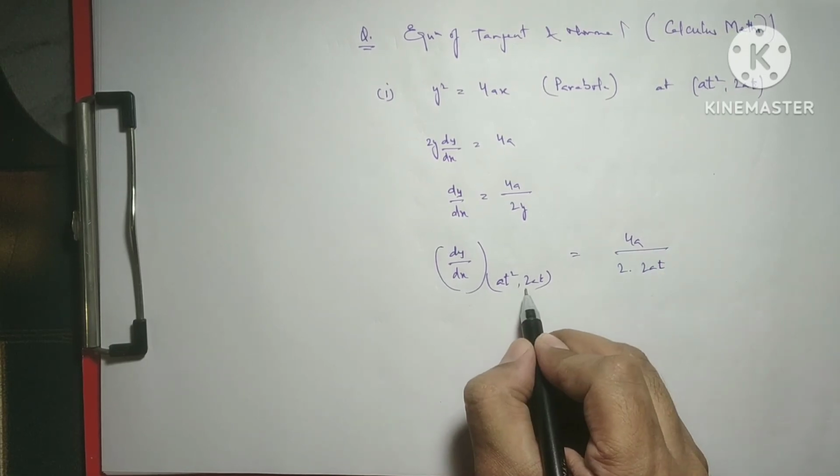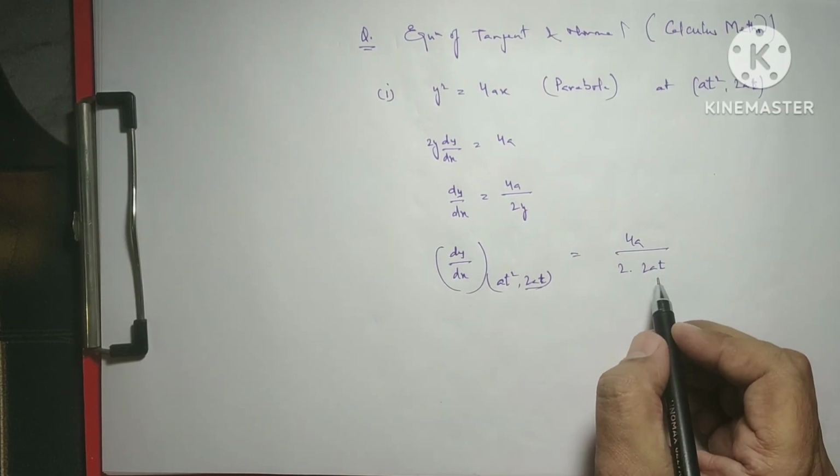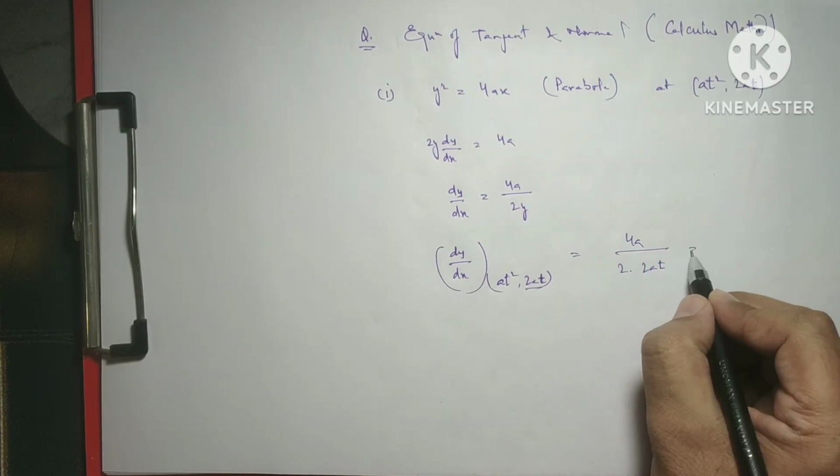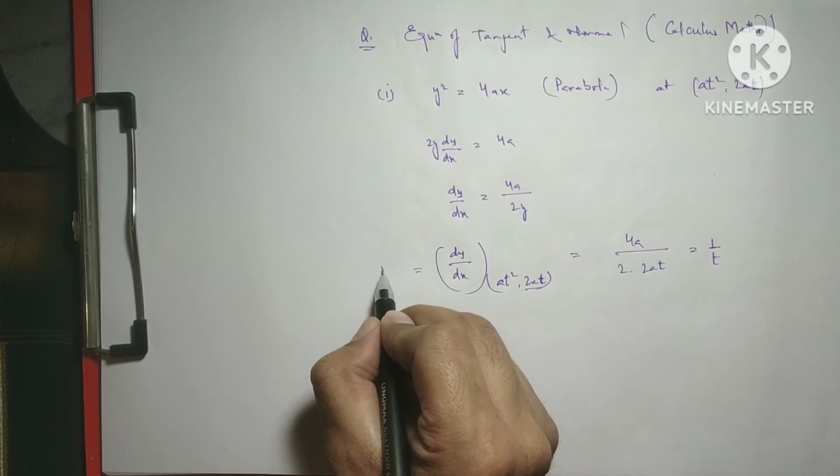So this is the value of y we put in this expression. So we get 1 over t, and this is the slope of tangent.